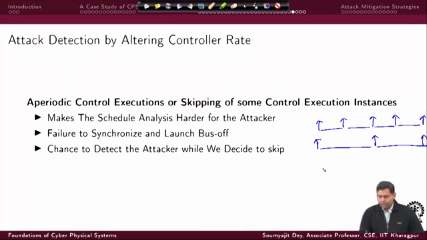Then if the attacker does not know this, he is attacking here and he is getting caught. This situation of modifying sampling rates can also be talked about as skipping of control execution.